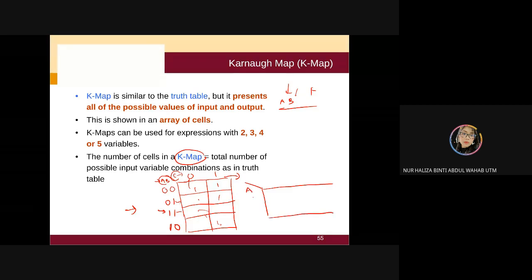A here, which is 0 and 1. You can have B, C at this side, which of course is similar: 0 0, 0 1, 1 1 and 1 0. You have all of these together as cells for K-maps.